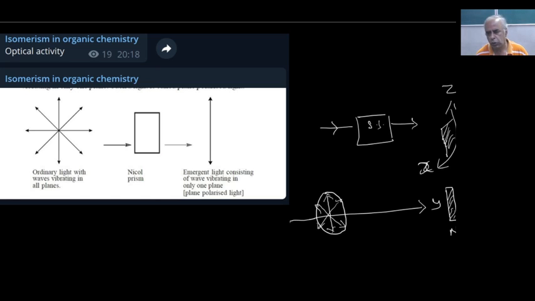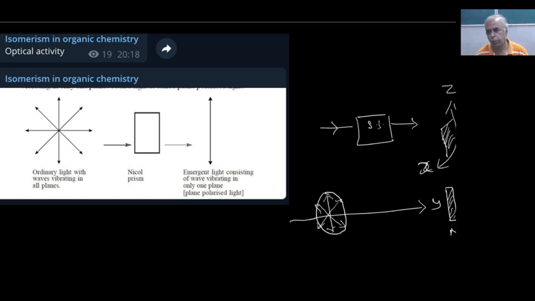So when it is passed through that nickel prism, what happens is the complete set of vibration can be polarized in this way. Polarized means separated. So probably the vertical vibration will be going in this way, and this kind of vibration may go in this way. So they are plane polarized light.